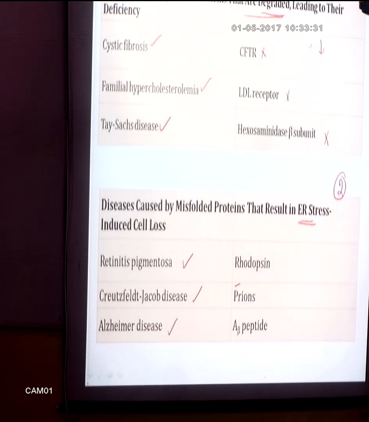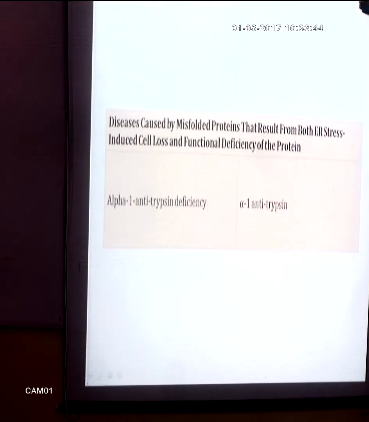Here the entire cell is lost. That is ER-induced cell loss. Great. The one disease which has both these features is alpha-1 antitrypsin deficiency: both degradation as well as ER-induced cell loss.